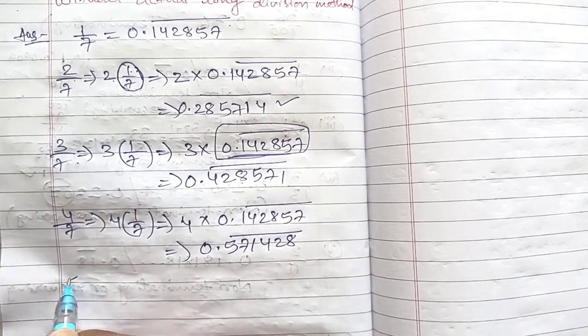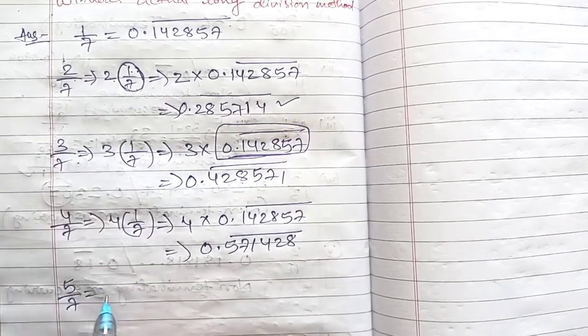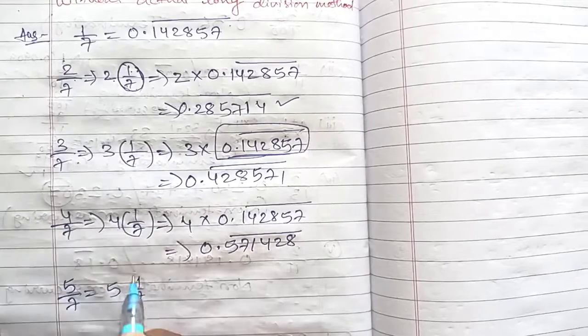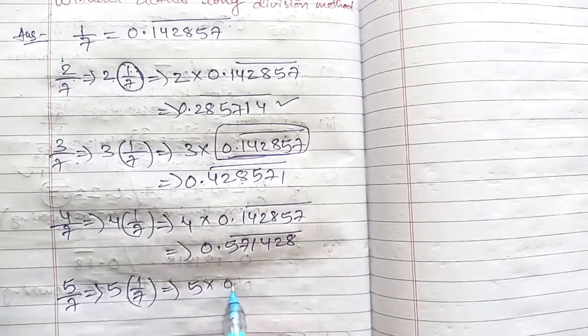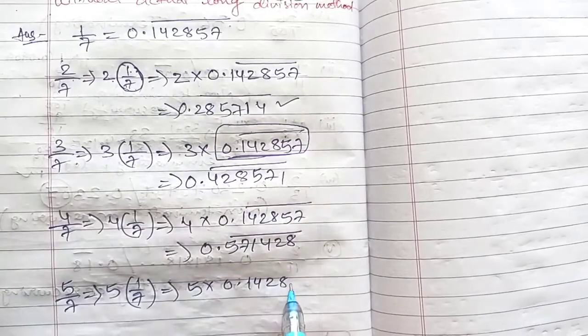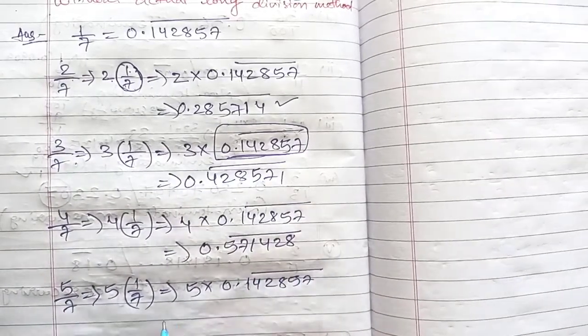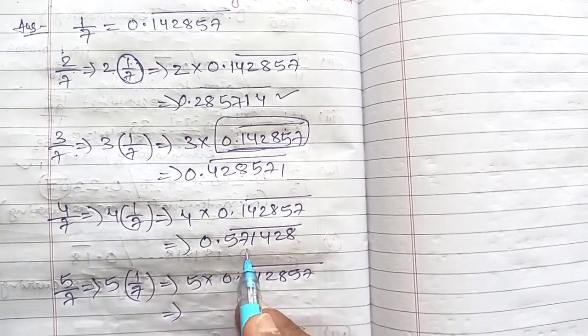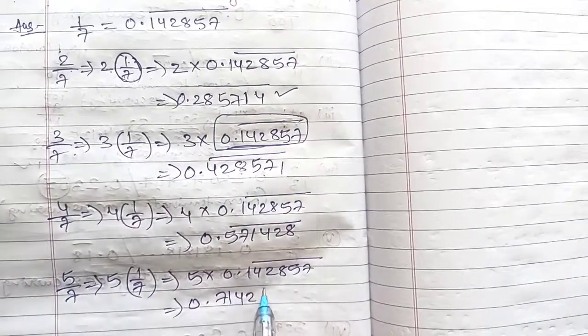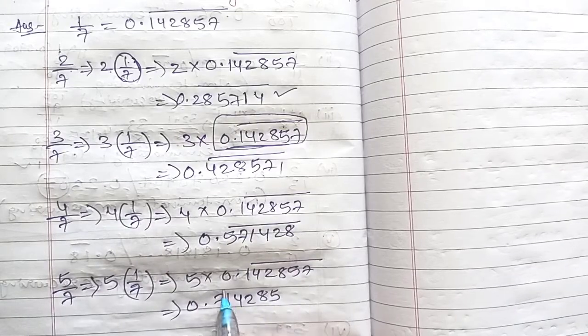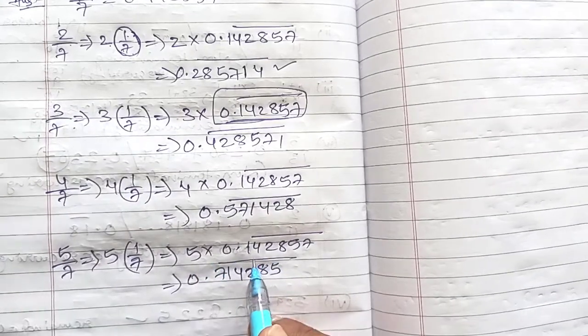Next, 5 by 7. 5 by 7 is 5 into 1 by 7. 5 multiplied by 0.142857 bar. The value of this we will get is 0.714285 bar. This much we get as the value of 5 multiplied by this value.